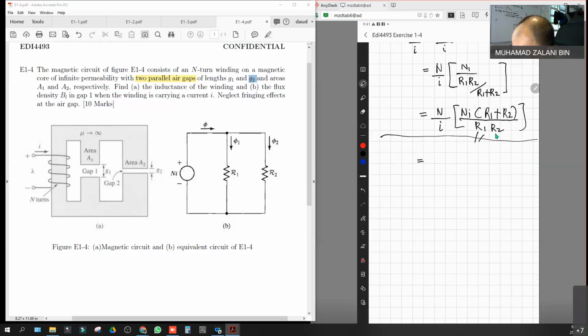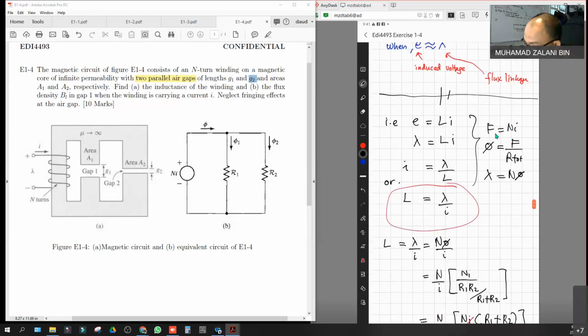So equals N square, I got cut off. R1 plus R2 by R1 R2. Okay.